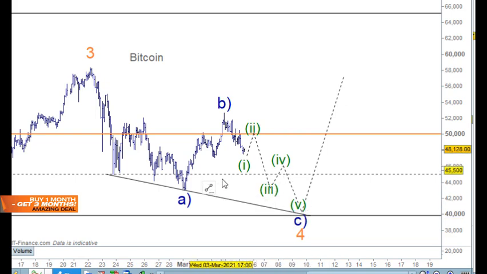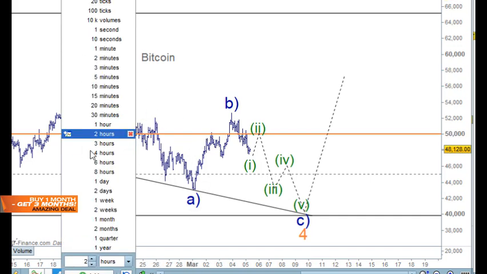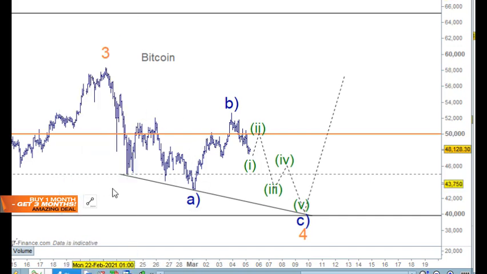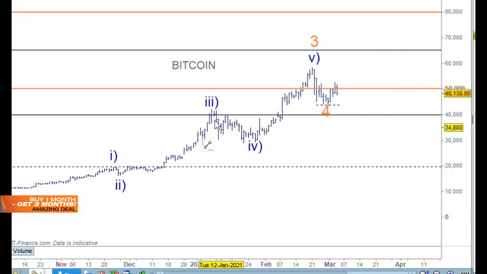But at the same time, I was a little bit sad because I thought that we'd kind of had this, but I kind of knew in the back of my mind too that this correction here, if we go back to the daily chart, was just a little bit small for this. If this was the wave 4 of one lesser degree, it should be smaller.